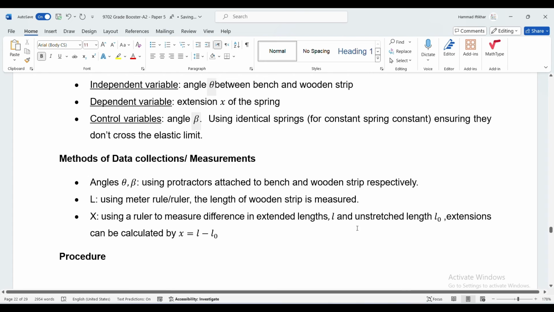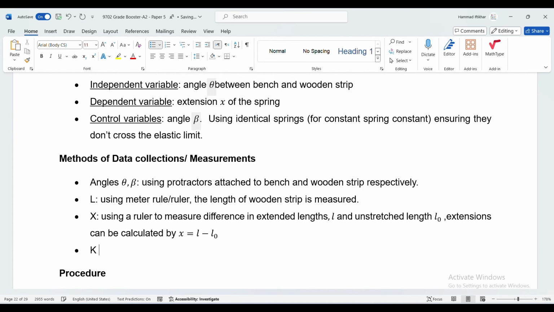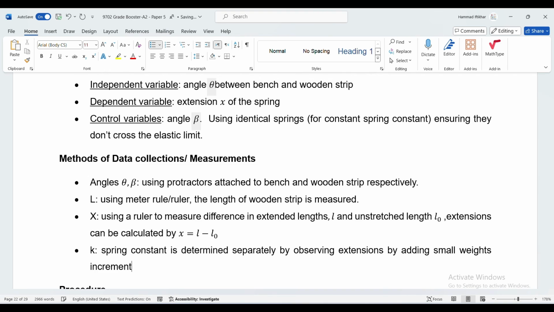And spring constant K. Spring constant is determined separately by observing extensions by adding small weights incrementally while keeping within the elastic limit.